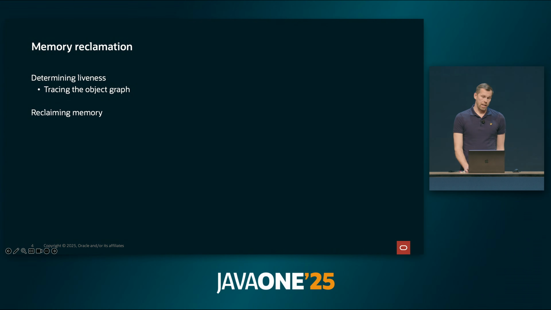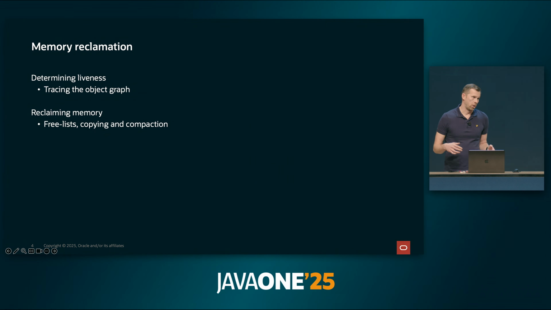It's then time to reclaim the unused memory, and there are a set of different techniques here that you can use. For example, you can keep free lists, knowing here's free memory that I can reuse for allocations. Or we can do something called copying or compaction, where we move the live objects to a new location, making it possible to reclaim all memory in the initial allocation region where we allocated the objects.